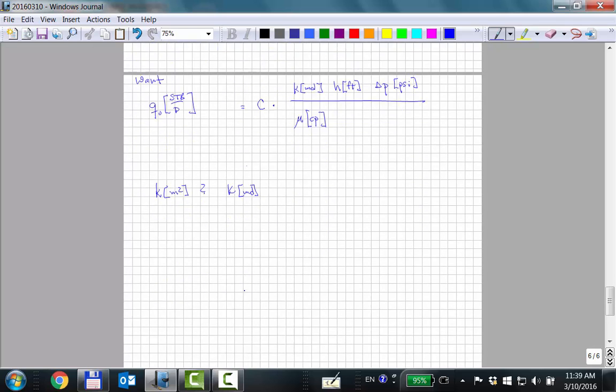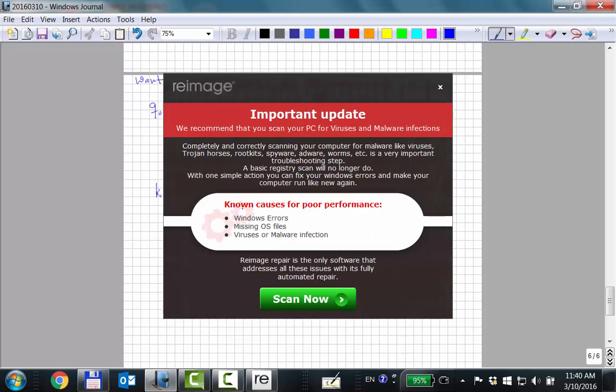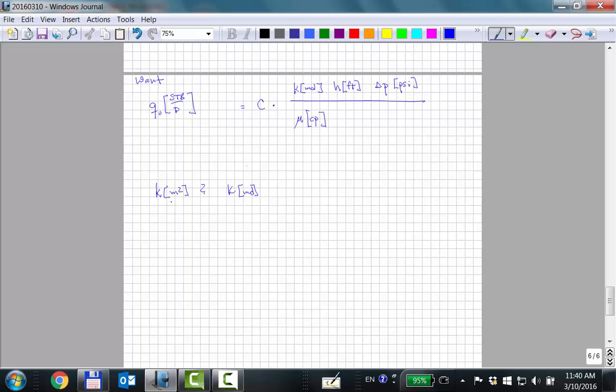So it ends up that one Darcy, which is 1,000 millidarcies, is made in the SI.